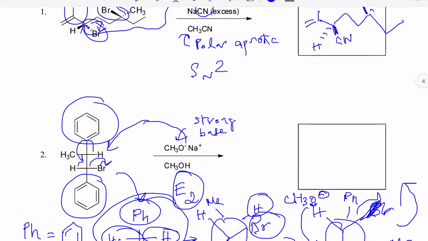You find that the phenyl groups are anti to each other, 180 degrees from each other, and the methyl group and the proton are 180 degrees from each other. So when we draw our final structure, those two sets of groups should be on opposite faces of the alkene. To demonstrate what I mean, I'll draw the final structure.